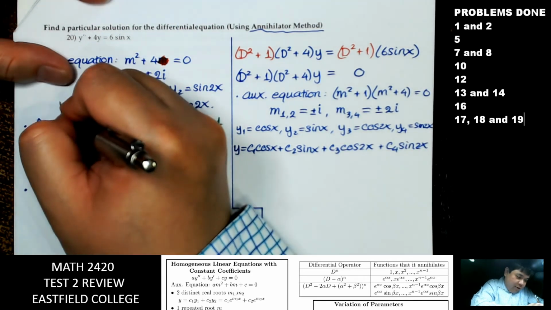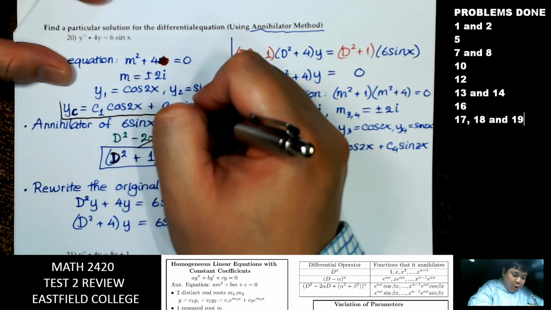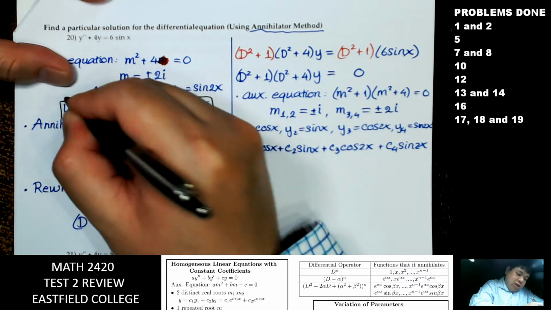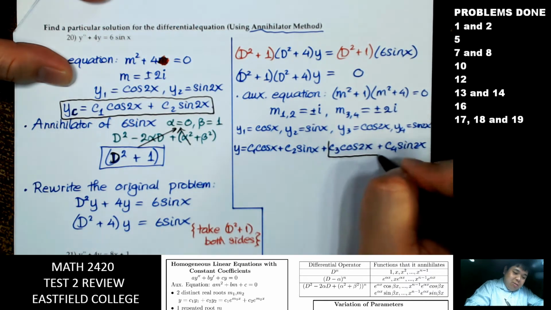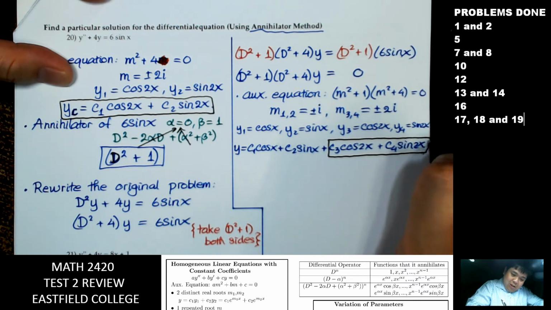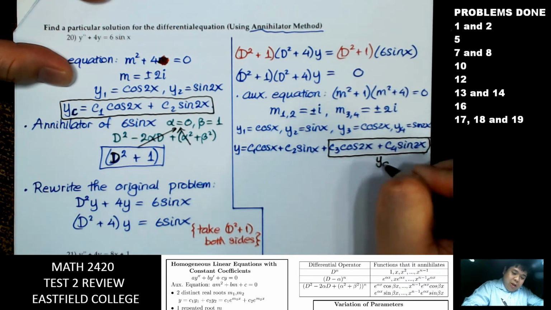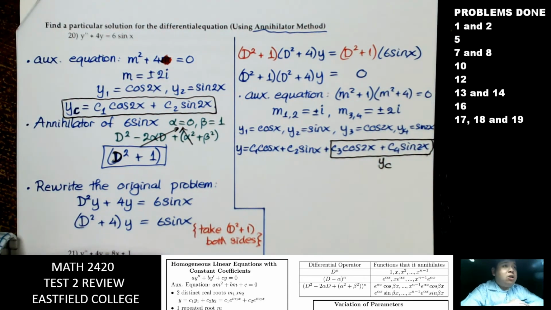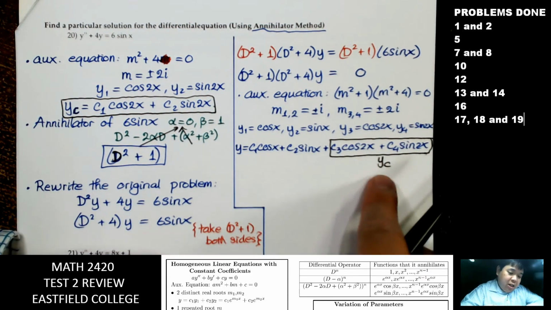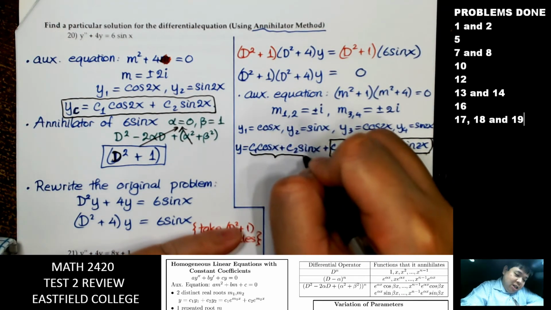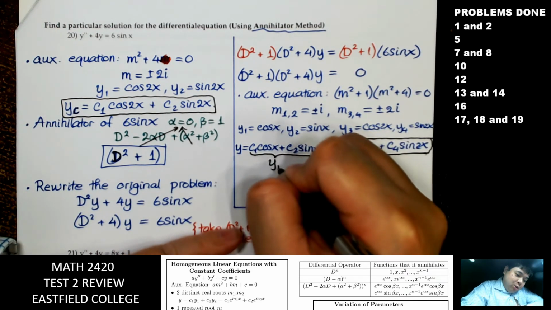Note that the complementary solution will be something cosine 2x and something sine 2x. C3, C4, or C1, C2, all of them just a constant. So pretty much that is the complementary solution, which means this is going to be the particular solution.